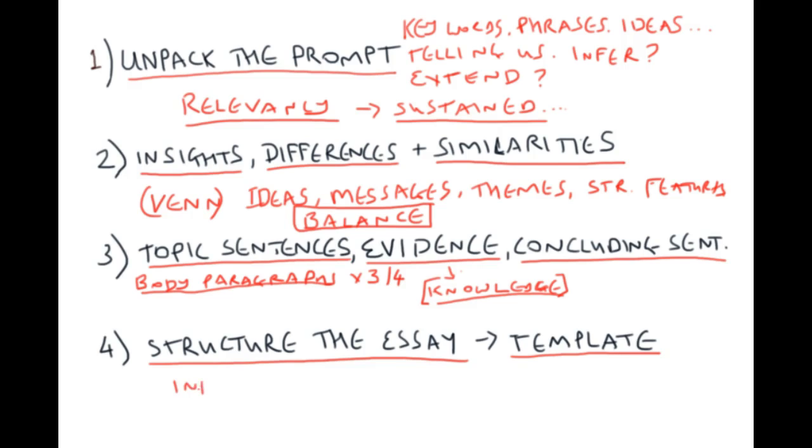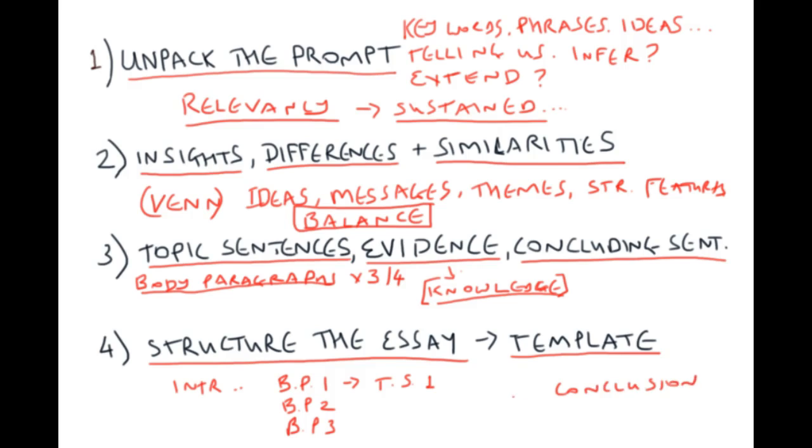I think the most standard one is that you write the introduction, 300 words or so. You write body paragraph 1, which is your topic sentence 1, and then you do your evidence and then a concluding sentence. You do the same with body paragraph 2 and body paragraph 3, and then you do a conclusion at the end.